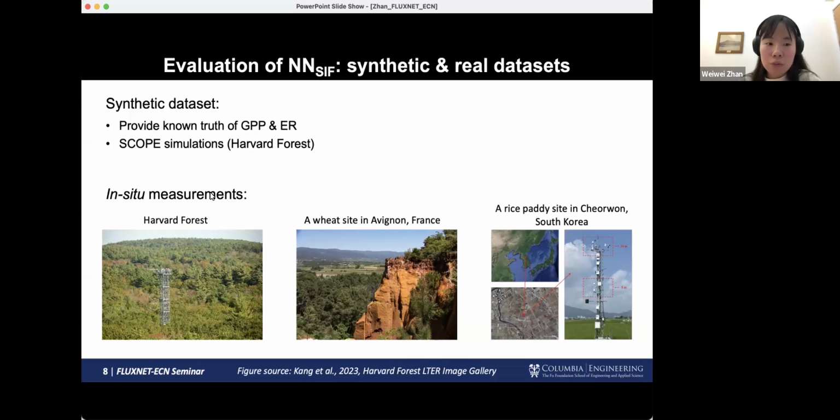And then we move to the field observations from 3 different sites, including Harvard Forest and a wheat site in Avignon in France, and also a rice paddy site in South Korea. One thing is that this wheat site is Mediterranean, so it is seasonally water limited, which provides us a nice opportunity to test our model under water stress.